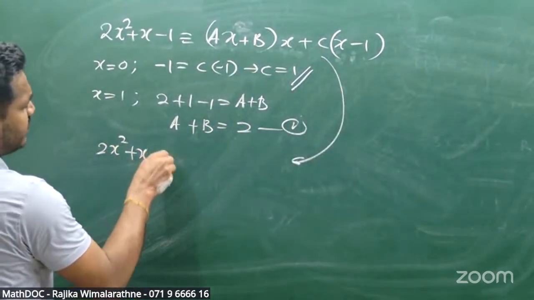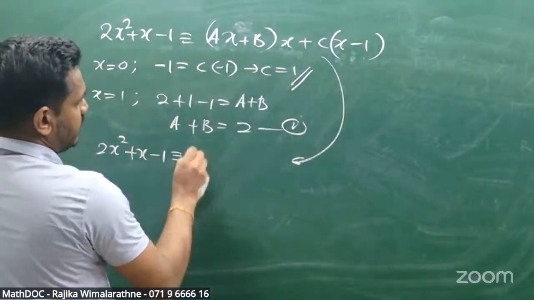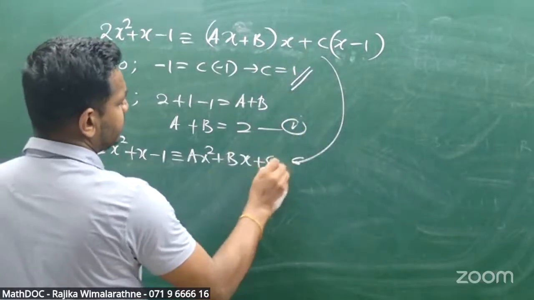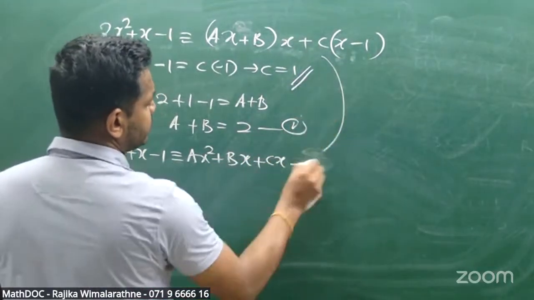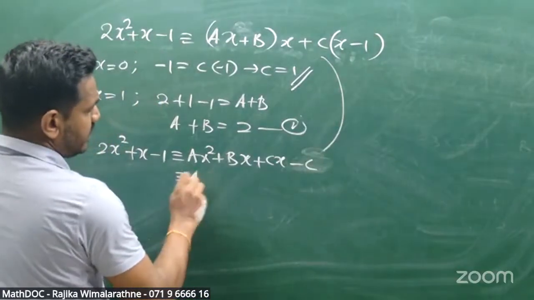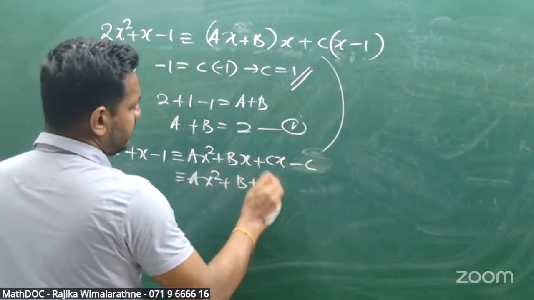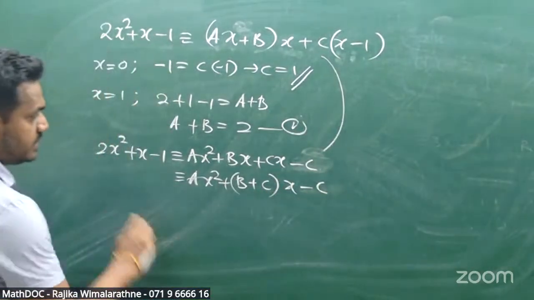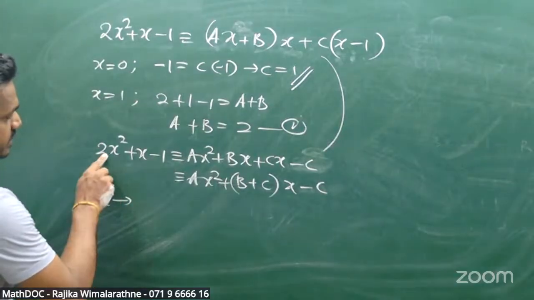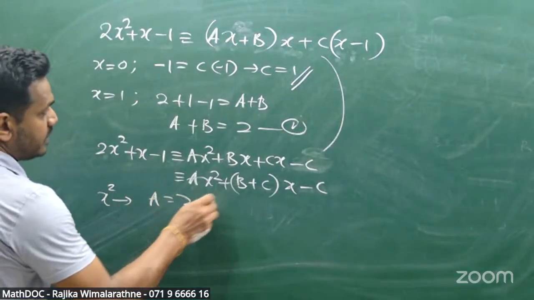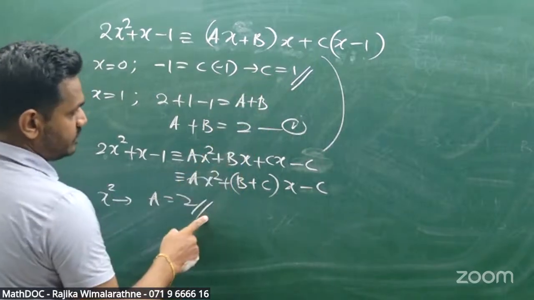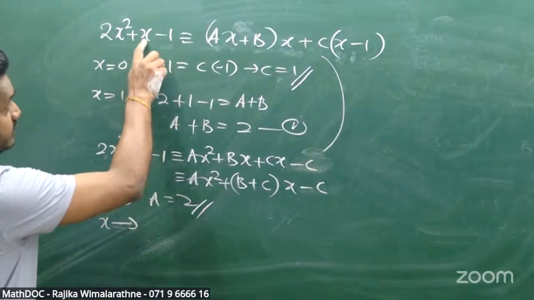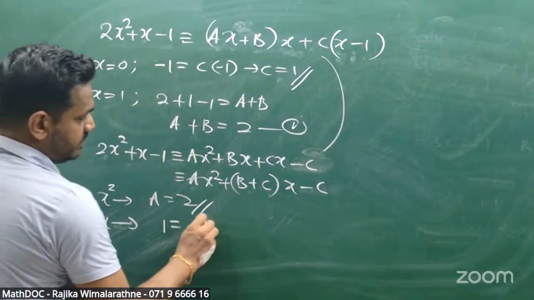Now simplify further: 2x squared plus x minus 1 equals ax squared plus bx plus cx minus c, that is, ax squared plus (b plus c)x minus c. Now equate coefficients. The x squared coefficient: 2 equals a. Now we know the c value and the a value. Then equate the x coefficient: here 1, there b plus c.